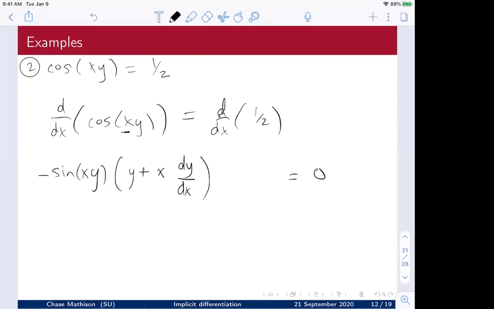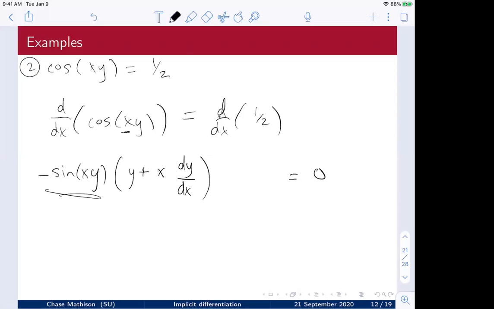Okay, so now I need to get dy/dx by itself, right? So in order to do that, I'm going to need to do what? Add sine of xy to the other side. Be careful. If I add, this is being multiplied by everything out here.